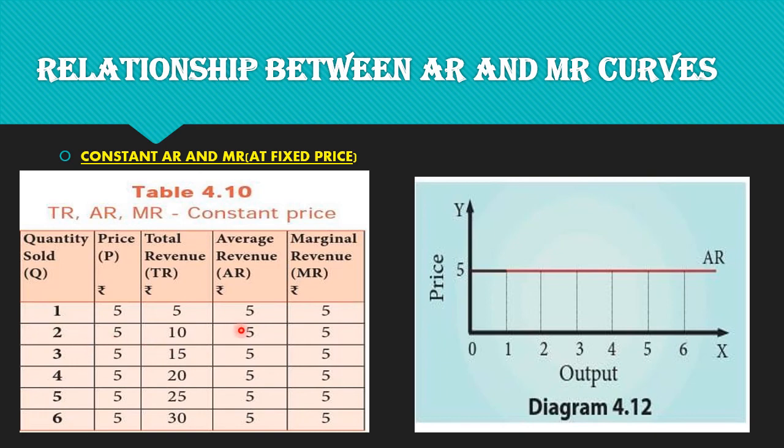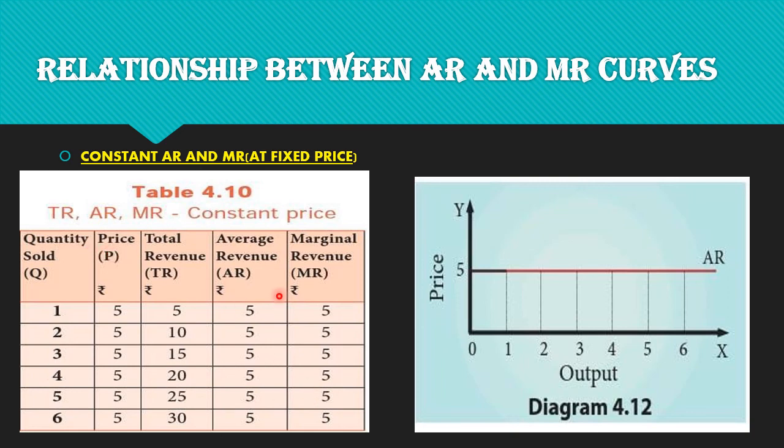And how do we calculate average revenue? By dividing the total revenue with the output sold, that is 10 divided by 2, that is 5. And how do we calculate marginal revenue? The difference between these two, that is 10 minus 5, 15 minus 10, 20 minus 15, 25 minus 20, 30 minus 25. So here we can clearly see that average revenue is same as price.